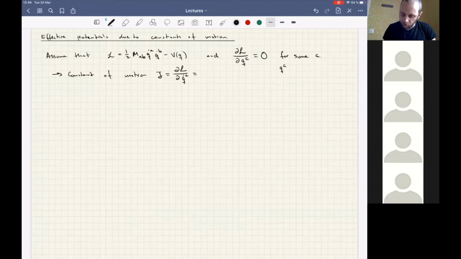I'm going to call q_C capital Q. So this is the degree of freedom that I'm going to get rid of. For example, we can assume that C is equal to n, so that is the last coordinate we're going to get rid of. And if this is the case, then this is equal to dL/d capital Q dot.